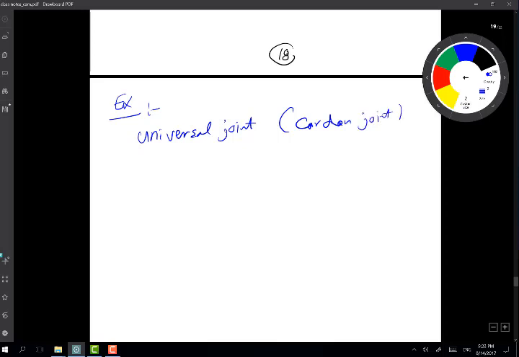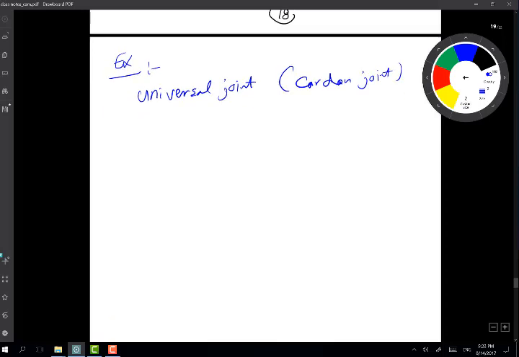The concept is you have a shaft at one end, and you have a shaft at the other end, and those shafts are not necessarily parallel, not intersecting, whatever, and you want to transmit the motion from one shaft to the other. So this is where you get to use this specific joint, and it gives us a linkage.